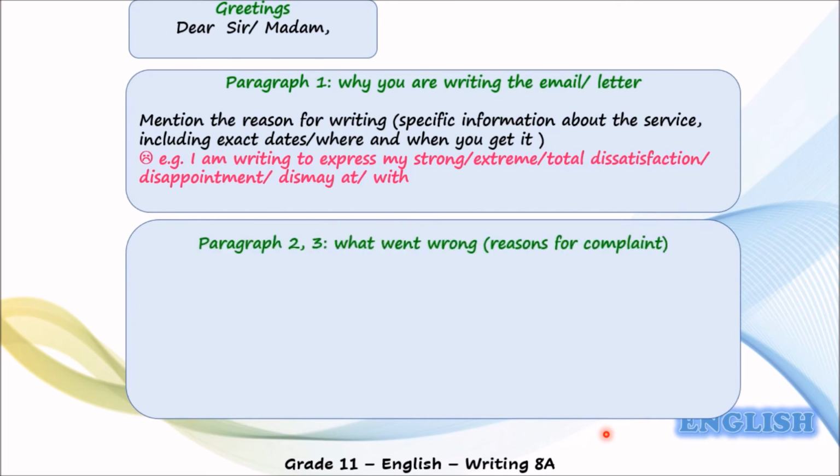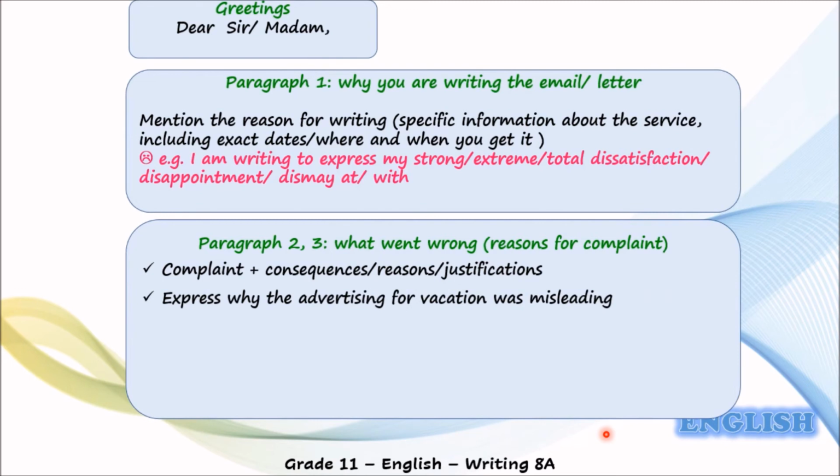Paragraphs 2 and 3, you need to mention what went wrong, the reasons for complaint. So here you put the complaint plus the consequences, the reasons or the justifications. And they need to be pretty good ones so that you convince the recipient that you went through the worst vacation of your life.